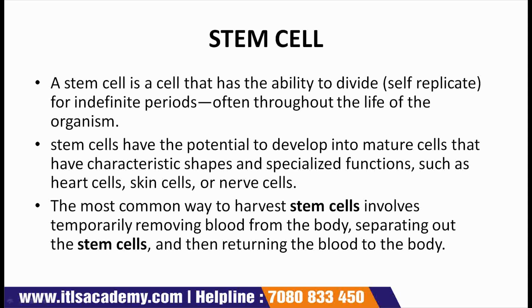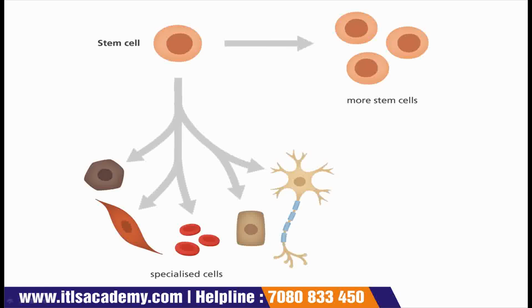Let's discuss some other properties of stem cells. Here in this picture you can see stem cell differentiation. This is a stem cell. You can see after division it formed two kinds of cells.